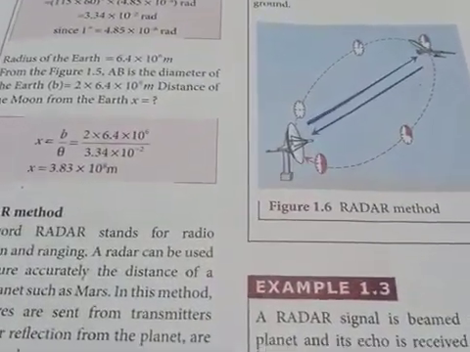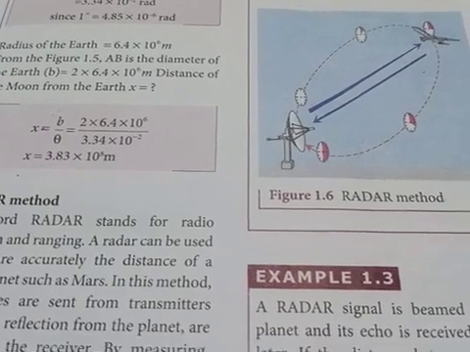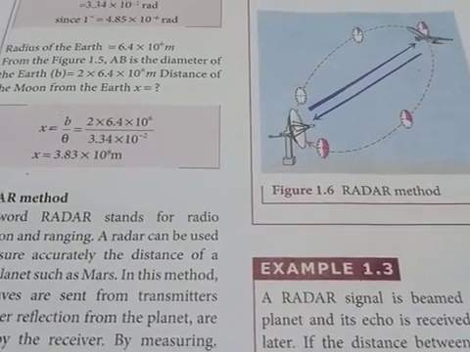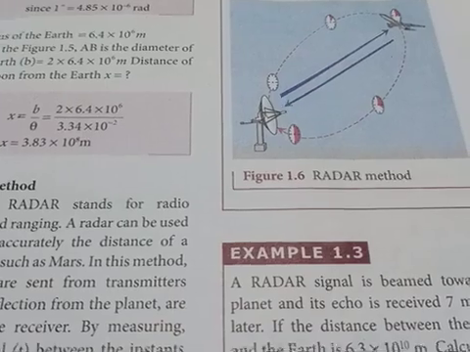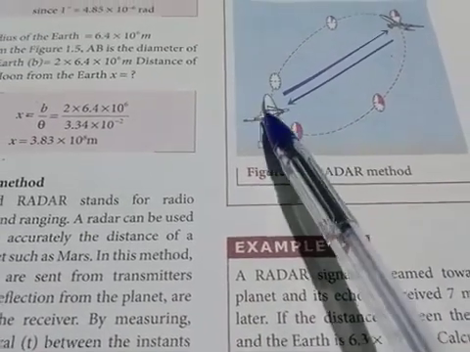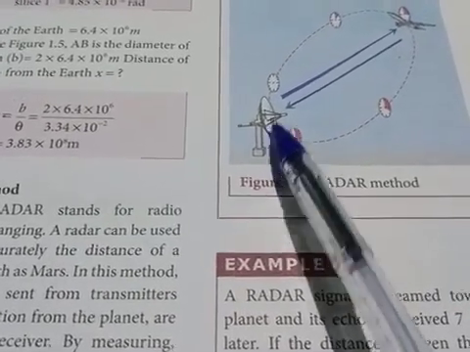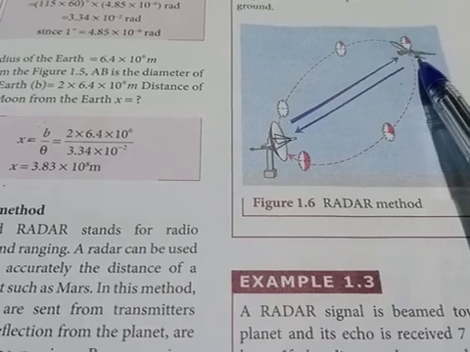You know this thing, this radar. Now we know that we are living in a digital world, technology world. So you can see a picture here. You see a transmitter. You can see this is a transmitter, and this is an aeroplane.